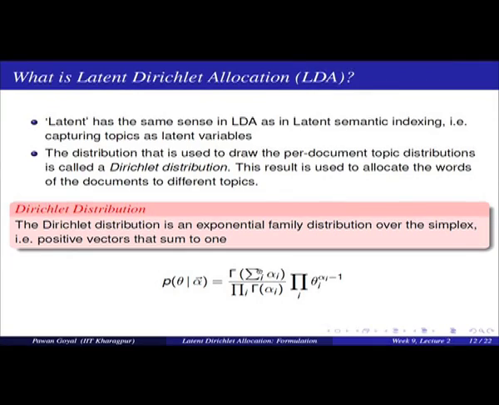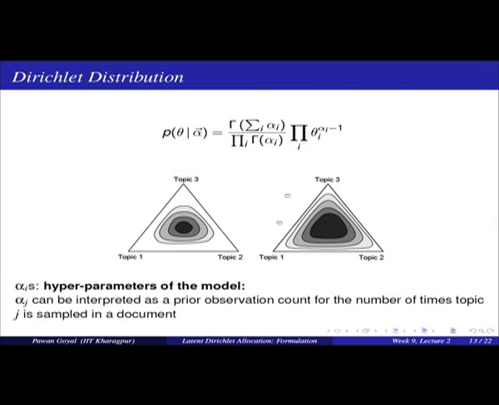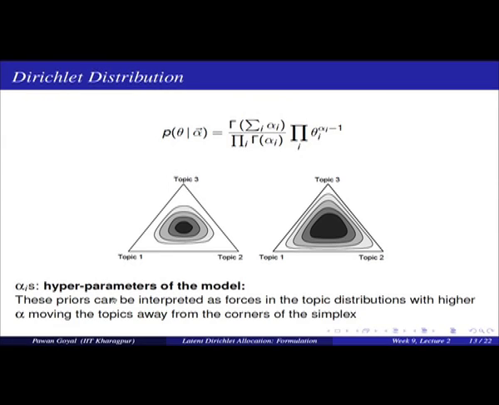So this is my Dirichlet distribution. Now to give you some visualization, here are two different simplexes. Alphas you can interpret as some prior observation count on the number of times a topic j is sampled, the individual alpha_j's.